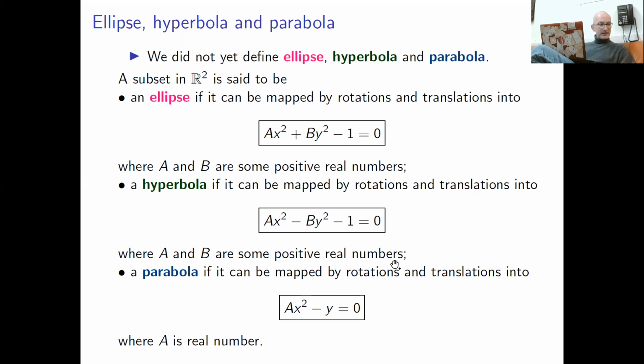So let us consider some examples. First, we want to use our classification theorem to be able to determine the type of a conic without plotting it. There are smarter ways of doing this, which we're going to consider a little bit later. But first, let us just illustrate how we can apply our theorem.